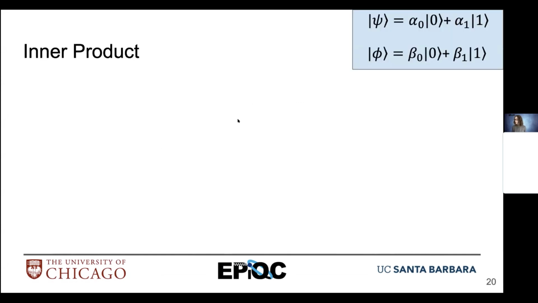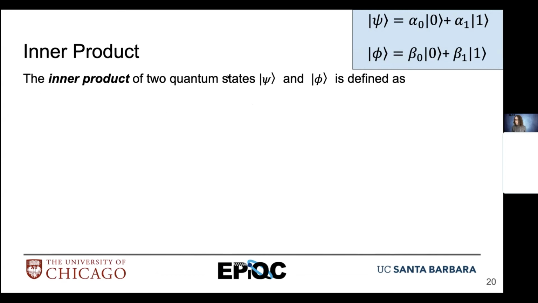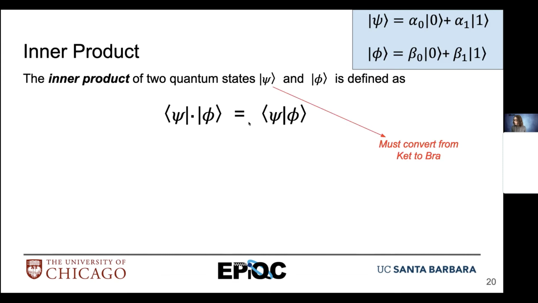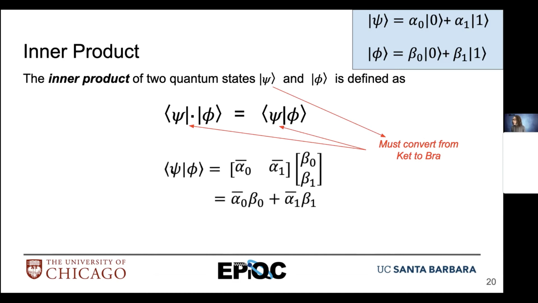All right, so now we have inner product. The inner product of two quantum states is going to be defined as follows: if we have ket psi and ket phi, we're going to take the bra of psi and multiply it by phi. So we have to once again do our conversion from ket to bra for our psi portion of our calculation, and that results in the following.